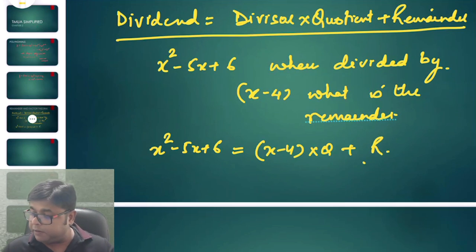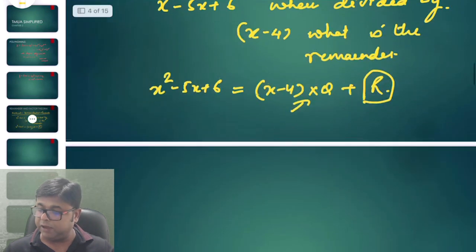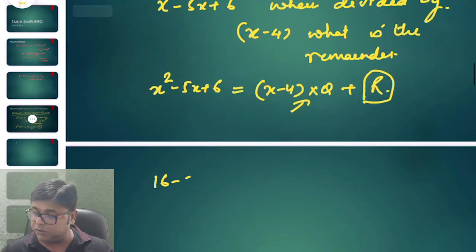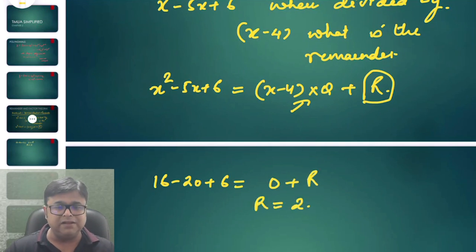In order to get the remainder, I need to get rid of this term, and to get rid of it, I have to make it 0. How will I make it 0? By putting x equal to 4. On putting x equal to 4, this will become 0. So on both sides I get 16 minus 20 plus 6 is equal to 0 plus r. So I'll directly get the remainder as 2. This is how I can get a remainder.